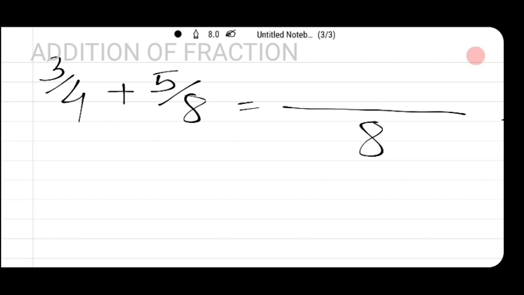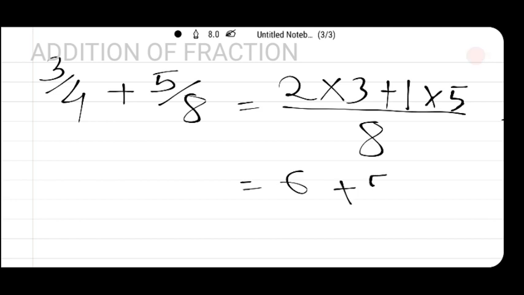So 4 कितना जा 8, 4 twos are 8, into its numerator which is 3, plus 8 ones are 8, into its numerator which is 5, equals to 6 plus 5 upon 8. So the answer is 11 upon 8.